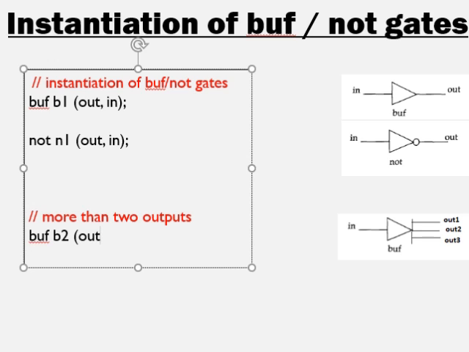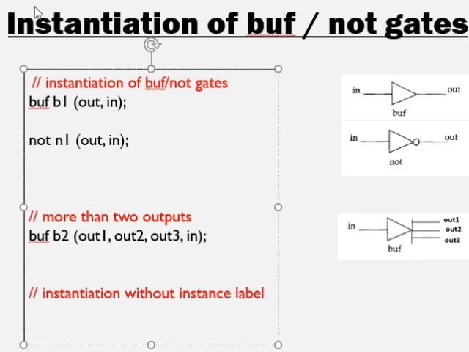Here it will be out 1, out 2, out 3, these are the three outputs, followed by the input, that is in. The same value is output on different lines, which could be fed to different places for driving different sources.